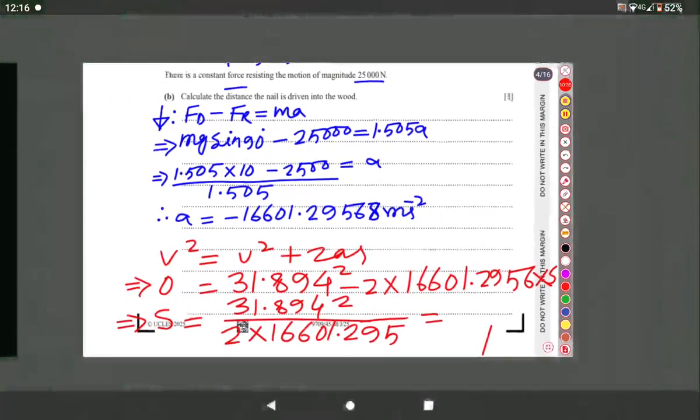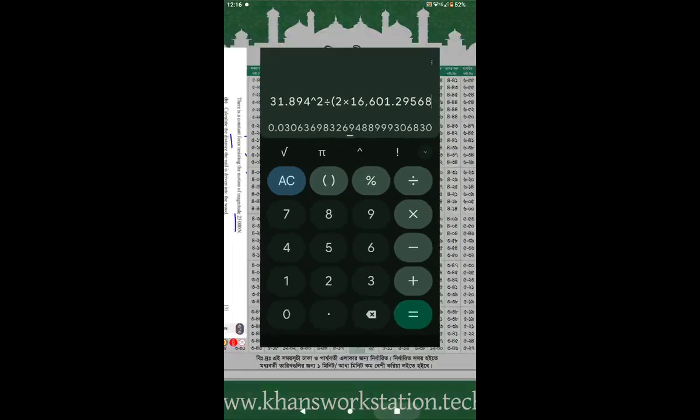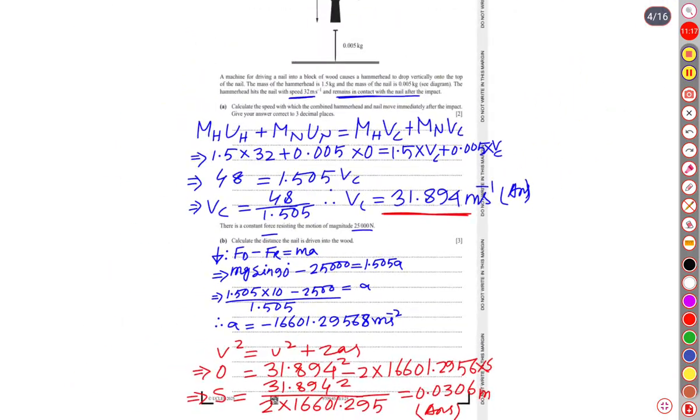The calculator shows s is equal to 0.0306 meters. So this is our final answer to the second part of the same question.